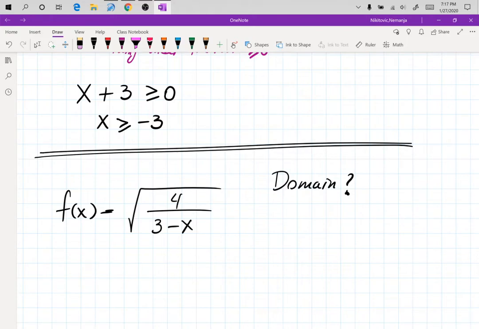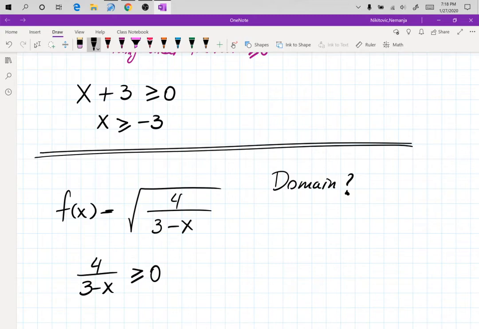So now, the red rule says 4 over 3 minus x needs to be bigger or equal than 0. Write that there. And now, we need to solve this. So, how would I solve this problem?